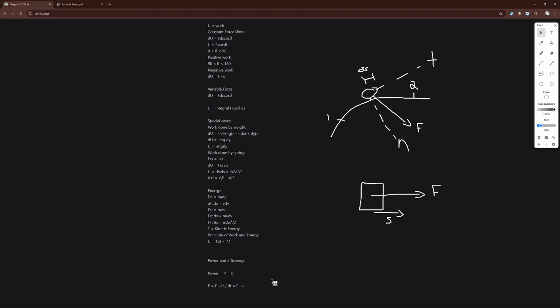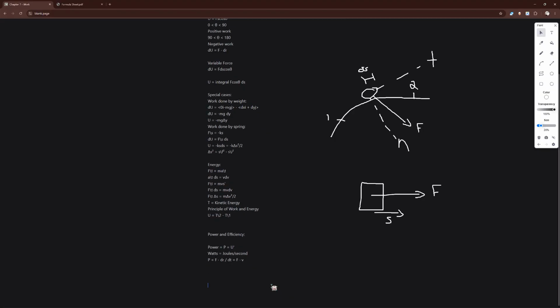And the unit for power is watts. Watts are just joules per second. That's what a watt is. Very, very useful. Okay. Now, efficiency.